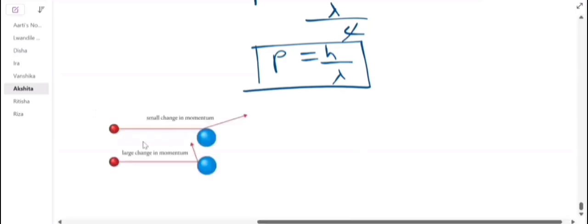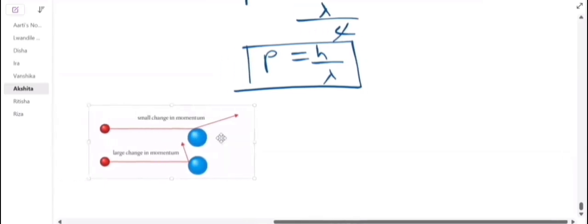Now consider this diagram, where a red ball is hitting the blue ball, and the change in momentum of the red ball is seen.